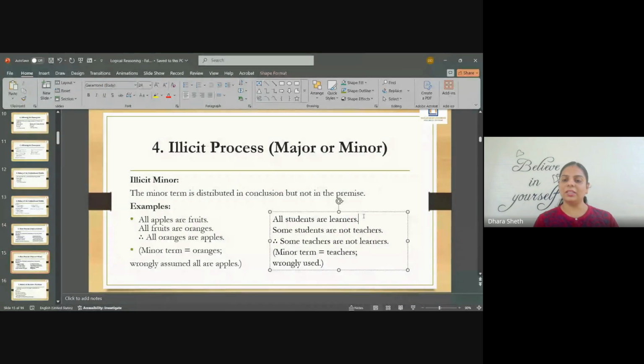All students are learners. Some students are not teachers. Therefore, some teachers are not learners. Okay.